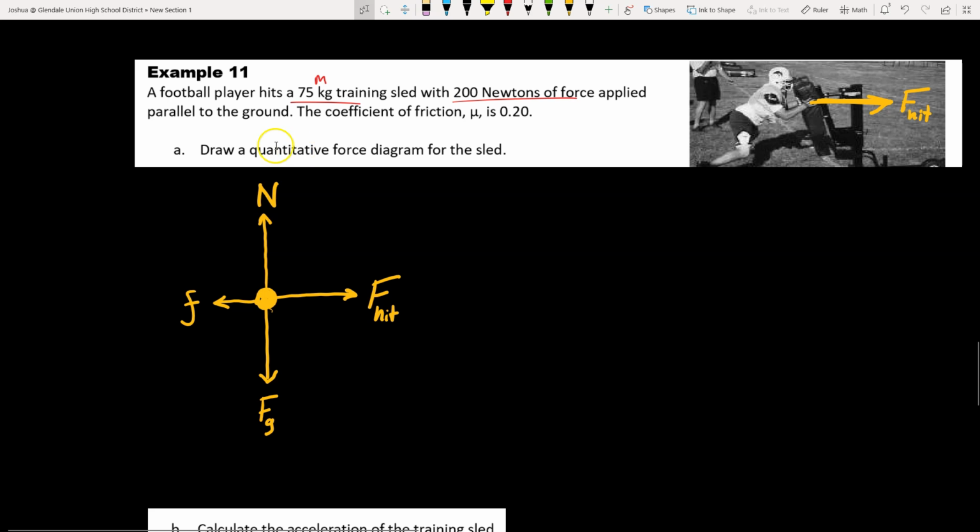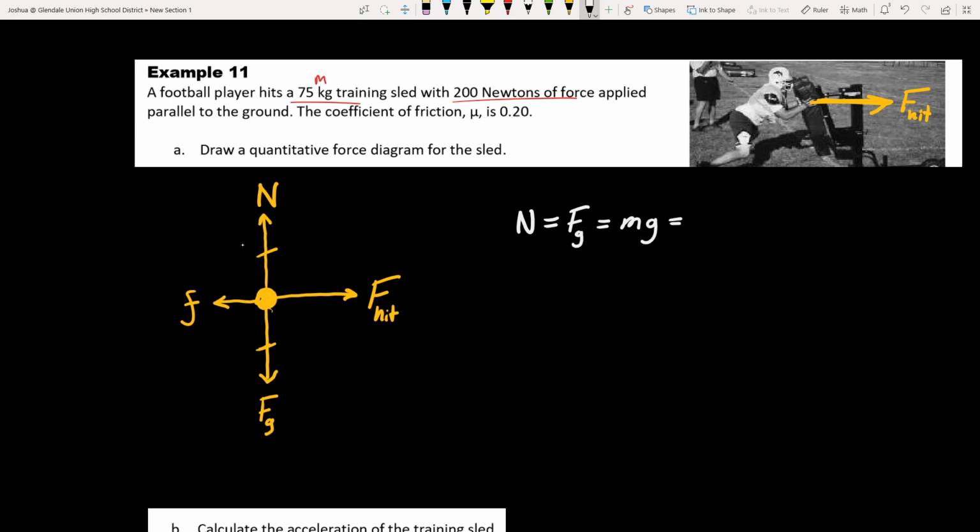Okay. Now, the quantitative part means we need to have numbers in all these. So what do we know? Well, the sled is not sinking into the ground and it's not flying up away, right? So these two up and down forces must be equal to each other. So the way we can write that is normal is equal to the force of gravity. And we know a way to calculate the force of gravity. That is mg, mass times gravitational pull.